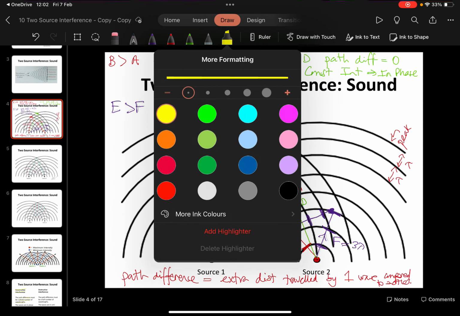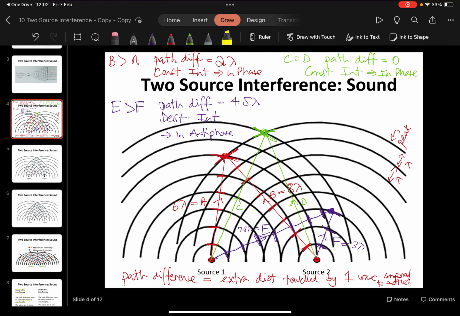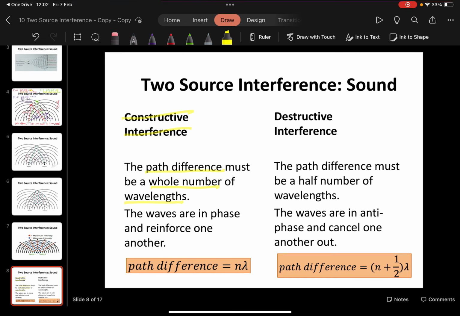We observed constructive interference here, where there was a path difference of 2, and we observed constructive interference where there was a path difference of none. I would have also observed constructive interference if the path difference was 3 lambda, 4 lambda, 5 lambda, 6 lambda. In other words, n lambda path difference gives you constructive interference.